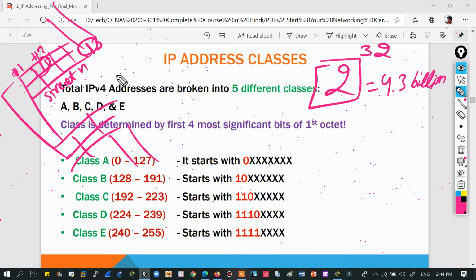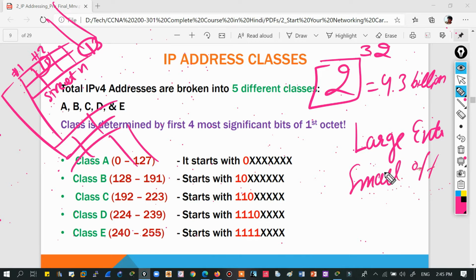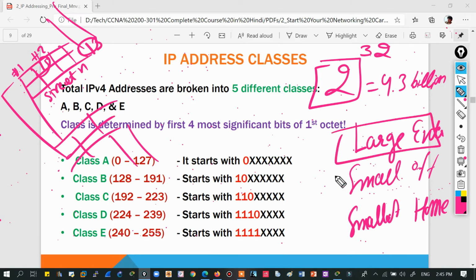So what we have: large enterprise networks, small office networks, and the smallest home networks, where we need like 1 or 2, maybe 5 IP addresses. So these are 3 types of network based upon the number of users that we are having.